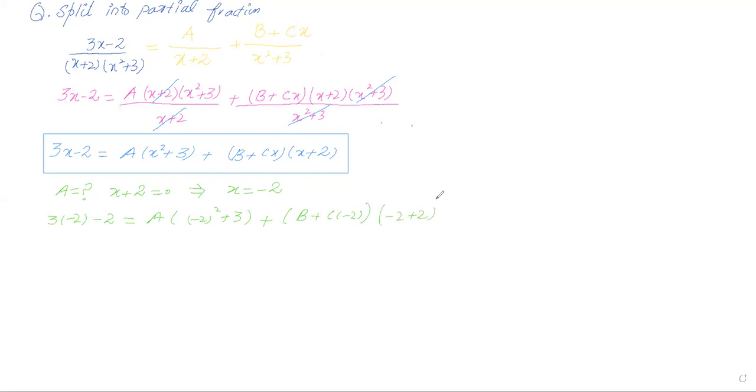It's very simple mathematics. If you are finding the value of A, the A will remain as it is and all the other constants will vanish. So minus 6 minus 2 is equal to A times the square of minus 2, which becomes 4, plus 3.